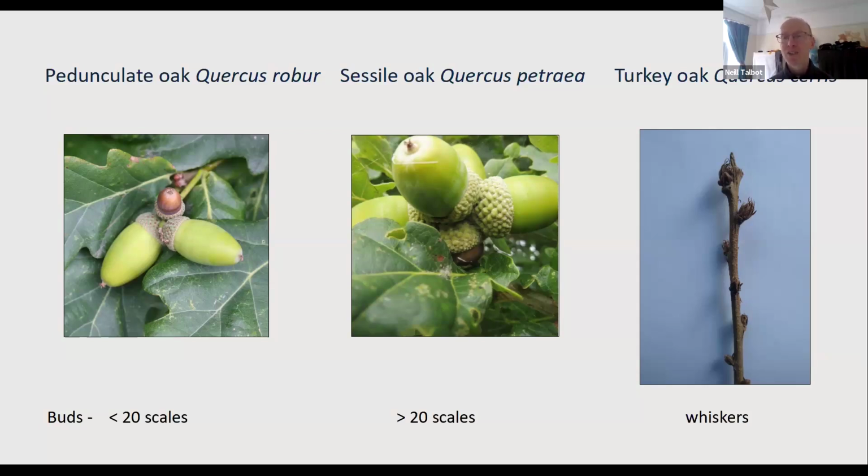So if you've got whiskers on the buds, it will be Turkey oak. The other thing that will be different is that the acorn cup will have little whiskers around it as well. So that's a relatively straightforward one to identify.